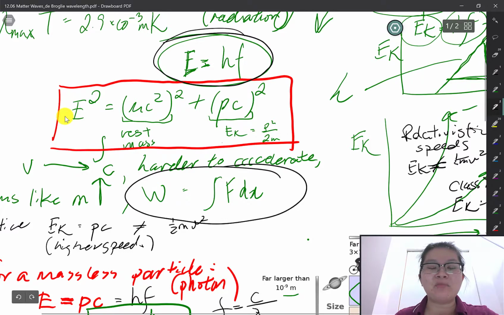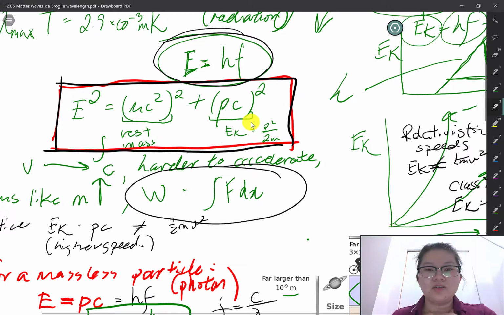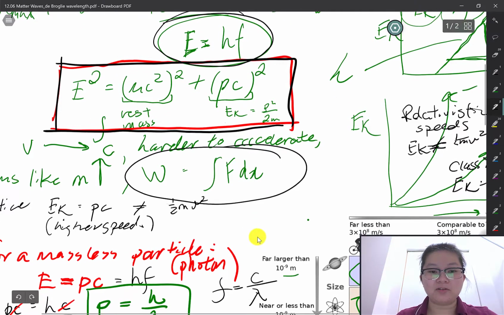If we're talking about relativistic speeds, this is where this applies, okay? So you have to know how to use this equation. Certain areas where this applies might be annihilation and pair production, where you have photons of certain amounts of energy, and then that gets converted into a pair of particles.